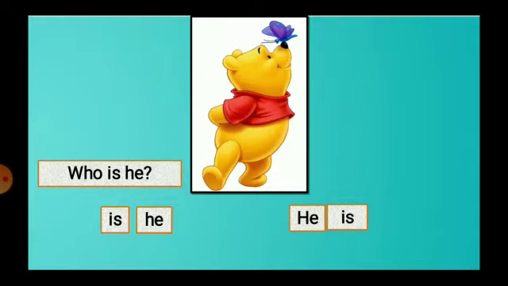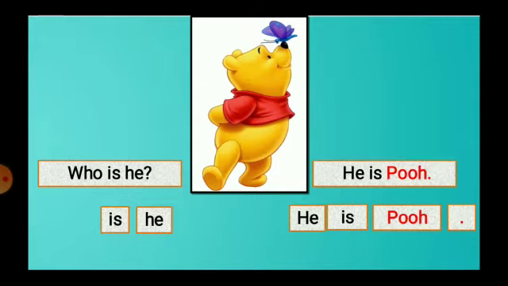Who is he? He is Pooh. So, we write Pooh. And then in the end, we will put a full stop. So, now our answer is formed, which says he is Pooh. The question was, who is he? And the answer is, he is Pooh.